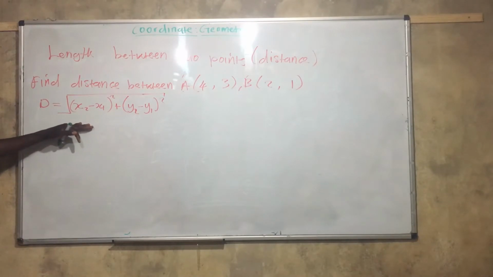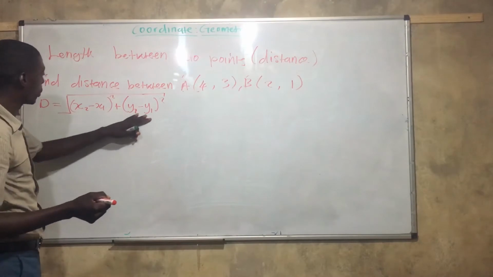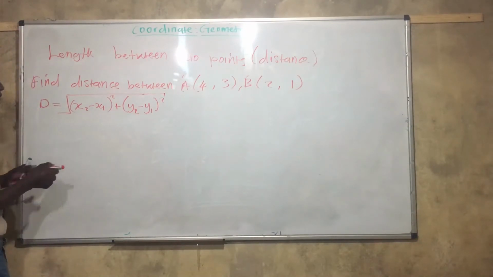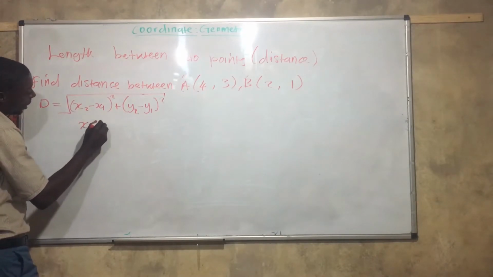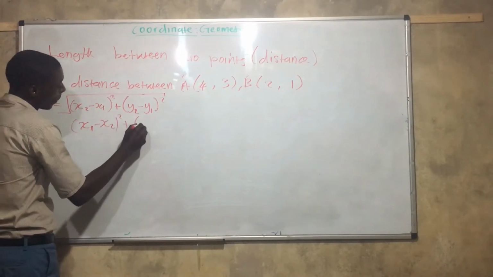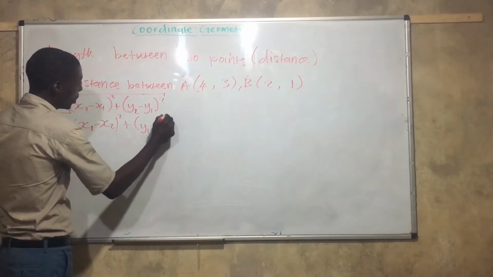Under this formula, this represents the x coordinate, this represents the y coordinate. But inside the square root, when you swap, you write (x1 minus x2) squared plus (y1 minus y2) squared.